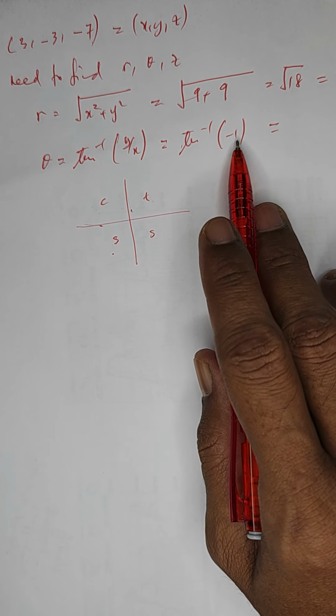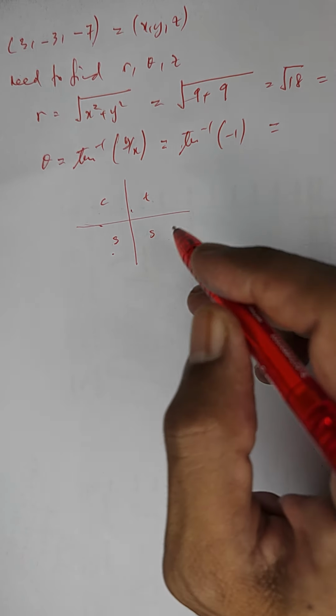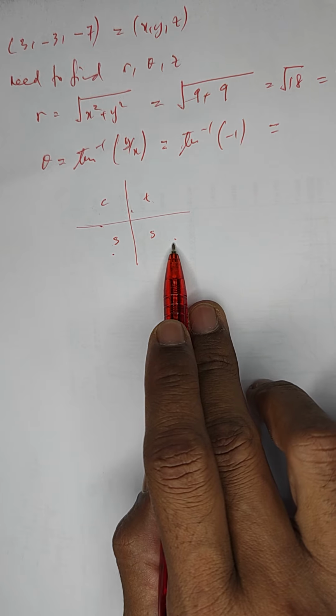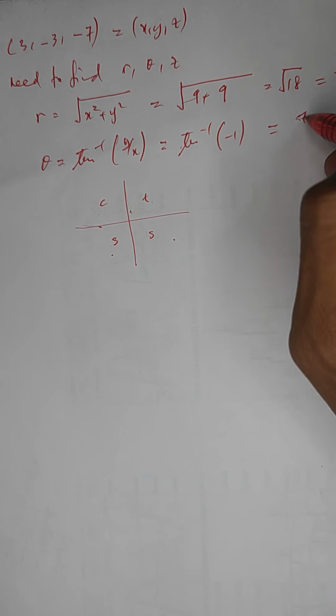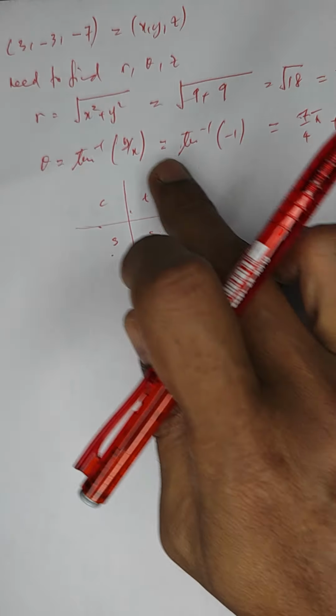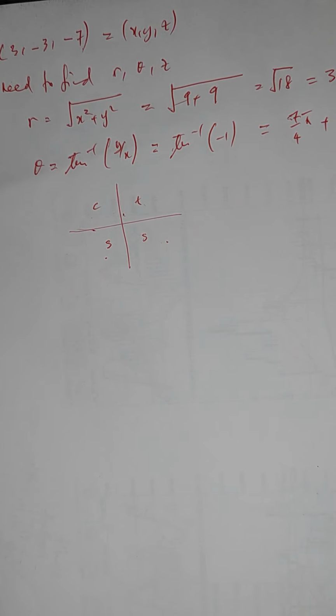So the point (3, -3) is somewhere here. So tangent negative, you get the angle here. Right? So this is 7 over 4 pi, plus, and those points keep on rotating around the coordinate.